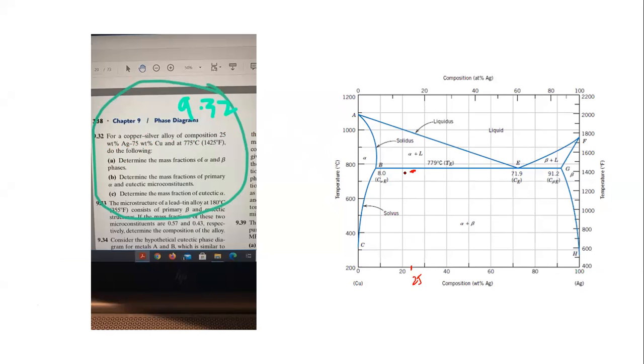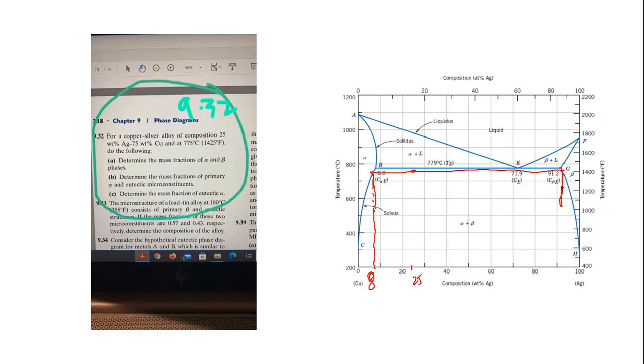You draw a tie line for part A, and when you draw a tie line, you note down the C of alpha, which comes out to be almost 8.